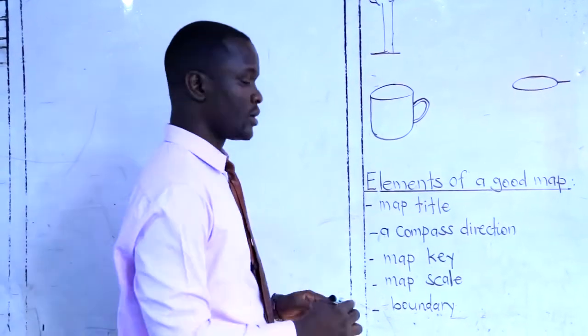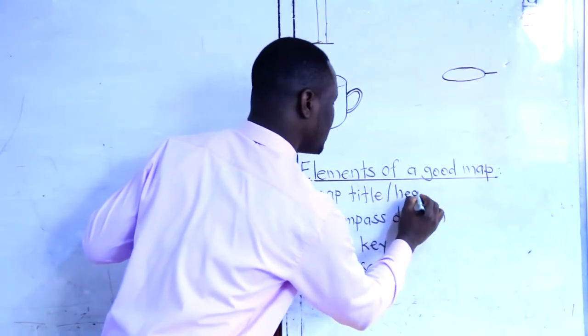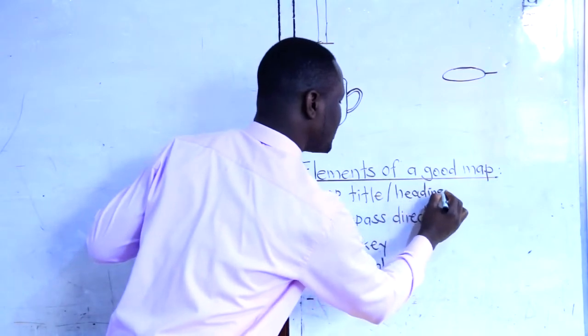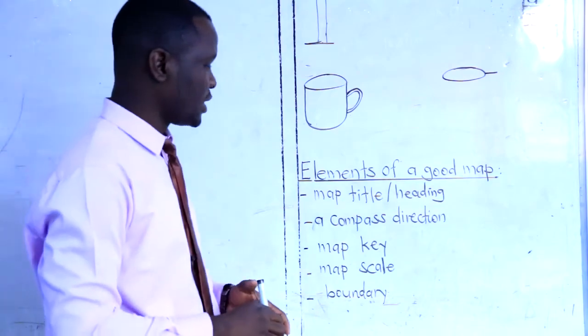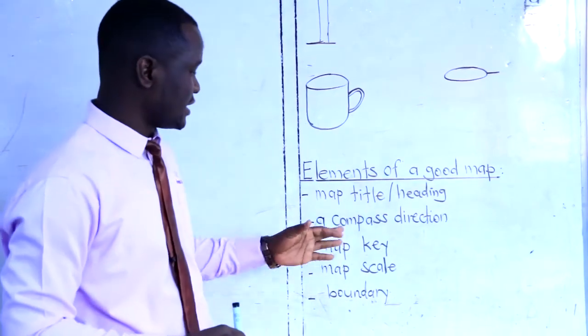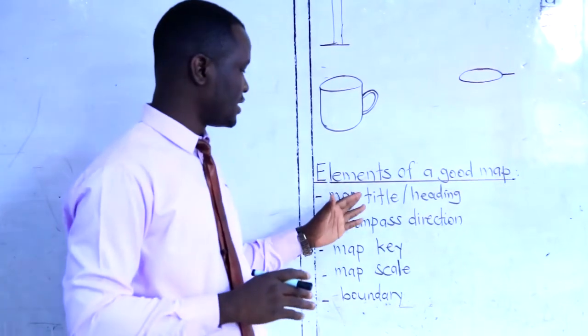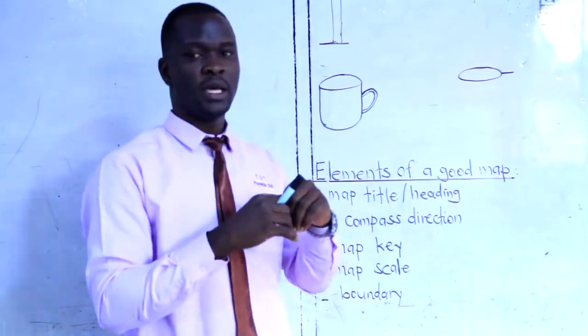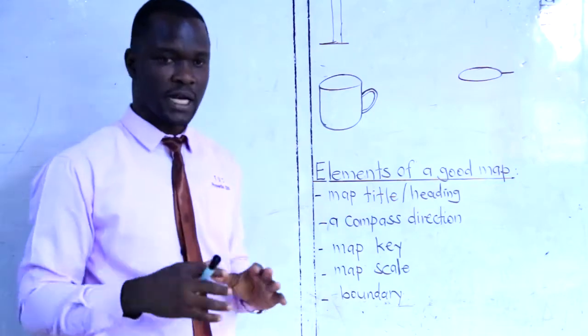The map title can also be called the heading. Just from the word title. An example is when you are in class, when you are learning, your teacher writes the date. After the date, the teacher says, today we are going to learn about maybe location of Uganda, or location of our district.